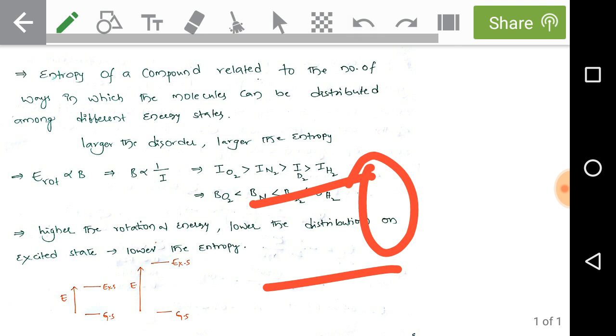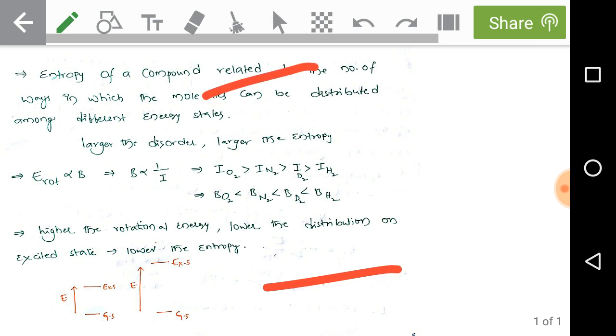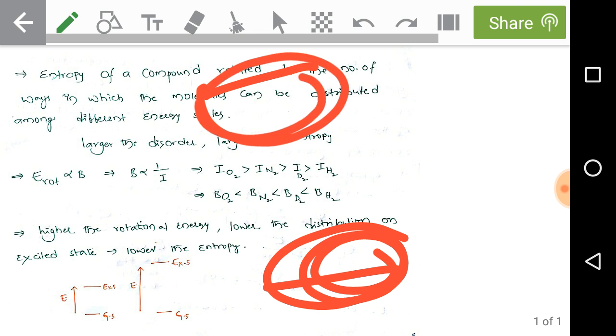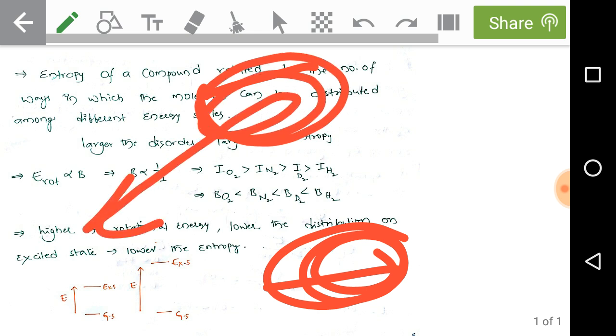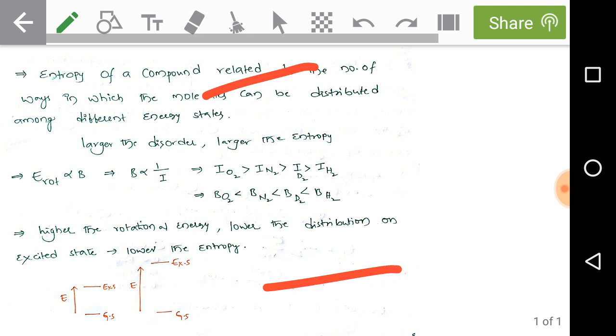Whenever that happens, the disorder increases, and whenever disorder increases, entropy increases. But whenever the energy is higher, the excited state is far away from the ground state. In that case, the states can't move easily onto the excited state, and excited states have less population. That leads to less disorder, and that leads to less entropy.